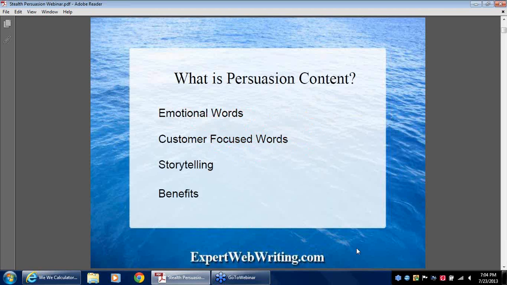But Stealth Persuasion. What is persuasion content? We'll just get right into it here. Well, I'm talking about emotional words that drive people to take action on your website, and not just your website, but in your articles to help drive traffic to your site, or even in videos on YouTube. We're also talking about customer-focused words, not talking so much about yourself, but being able to focus on the needs of your customer and your visitor and your prospects. Very important.